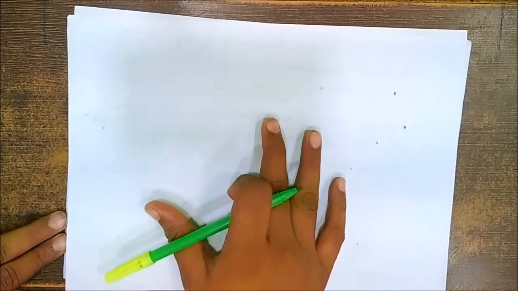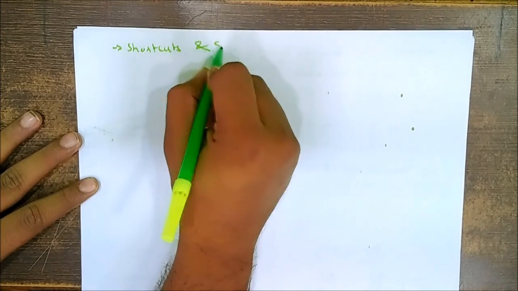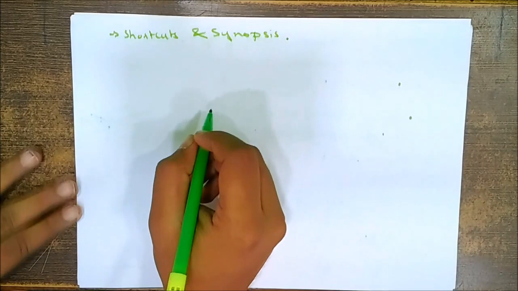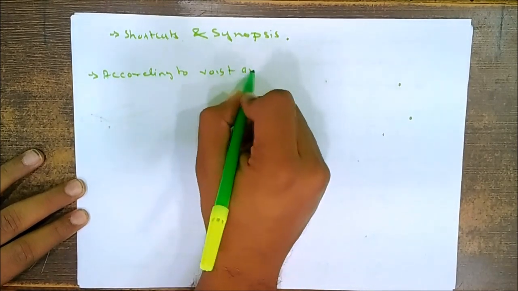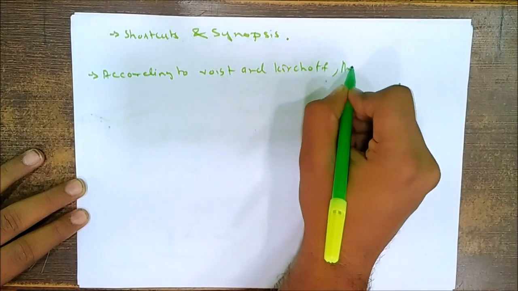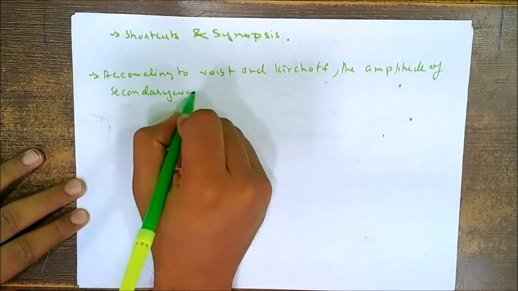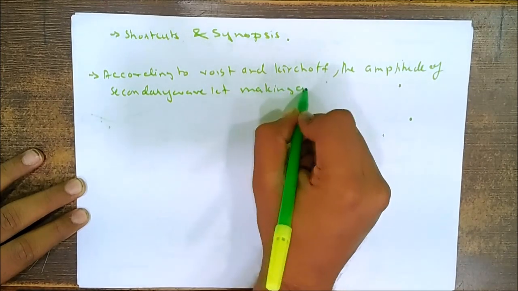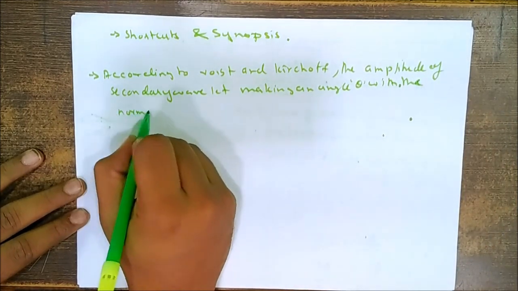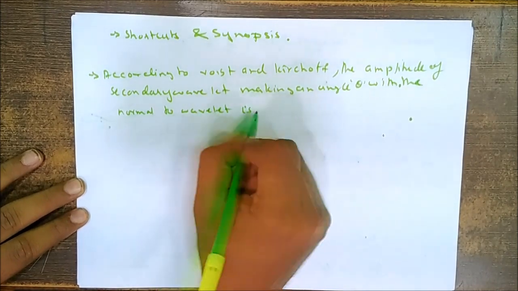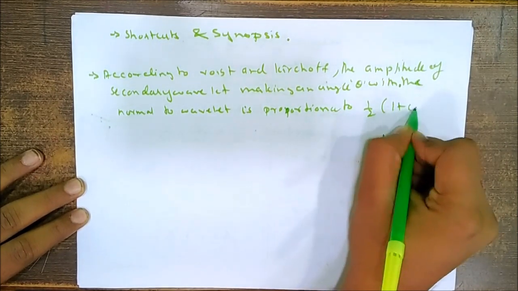Now shortcuts and synopsis. According to Voigt and Kirchhoff, the amplitude of secondary wavelet making an angle theta with the normal to the wavelet is proportional to half of 1 plus cos theta.